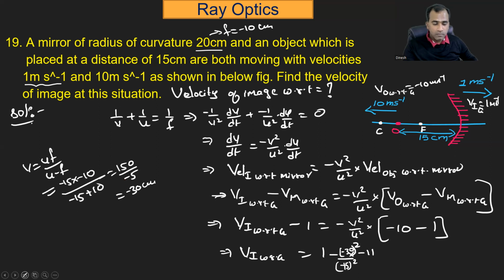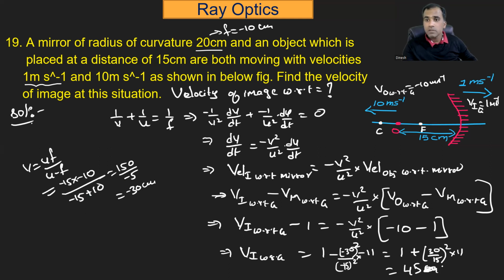Now can you quickly calculate the other things and tell me the answer? This is equal to minus 1, this minus into minus, the minus 10 minus 1 is minus 11. This minus into minus becomes plus, 30 square by 15 square, 30 by 15 whole square into 11. 30 by 15 is 2, 2 square is 4, 4 into 11 is 44, 44 plus 1 is 45.